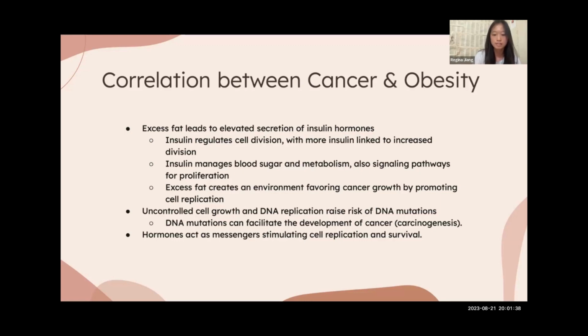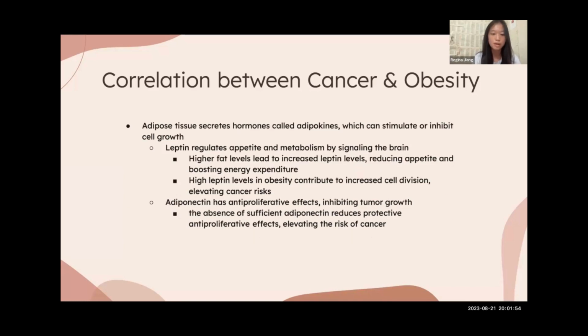This also raises the risk of DNA mutations, which can then contribute to the development of cancer. And this is a hormone that acts like a messenger, stimulating cell replication and survival. Another example of this would be leptin. Leptin is a hormone that regulates appetite and metabolism by signaling the brain.